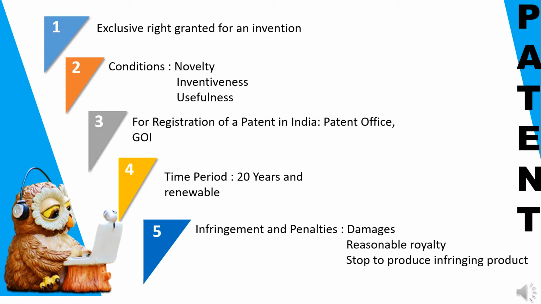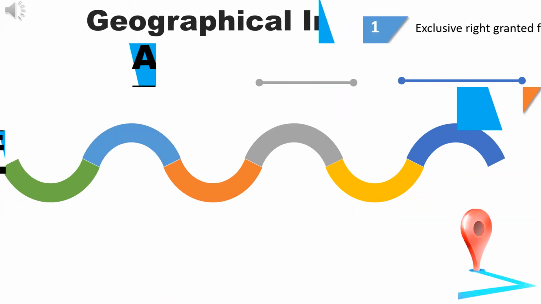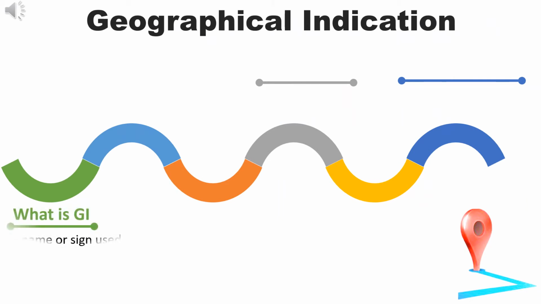When a court finds infringement, the infringer usually must pay damages to the patent holder, either in the form of actual damages or a reasonable royalty for the unauthorized use. In addition to infringement damages, a patent owner may stop the infringer from continuing to produce the infringing products. So this was all about patents.